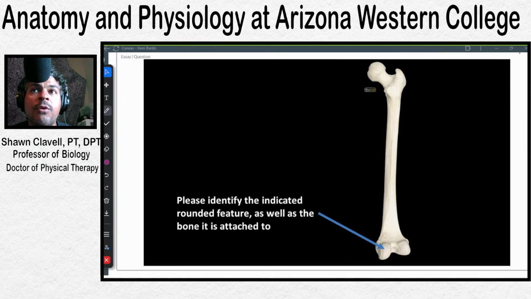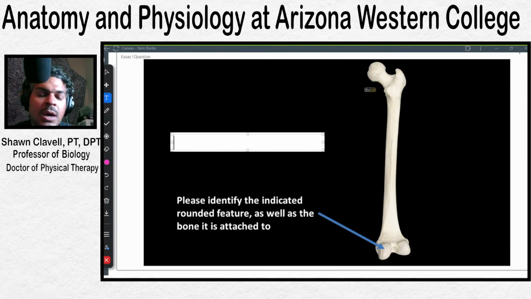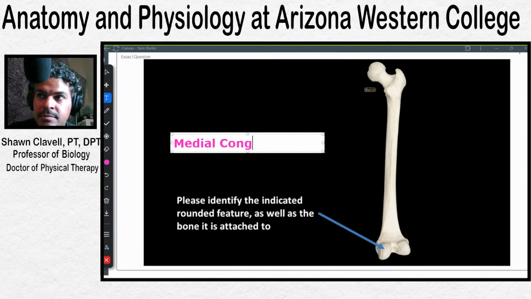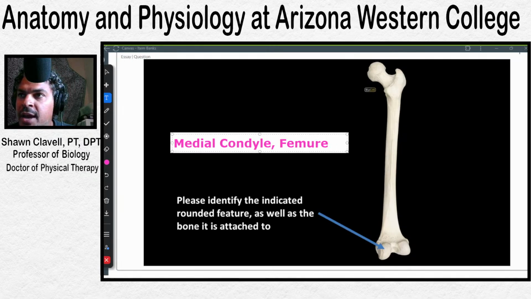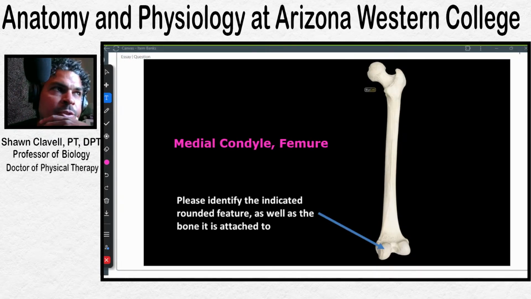So for full credit on a question like this, what you would write is, this is the medial condyle, femur, right? Comma femur, or you could say it is the medial condyle of the femur, right? That is all you need to write for a correct answer here.